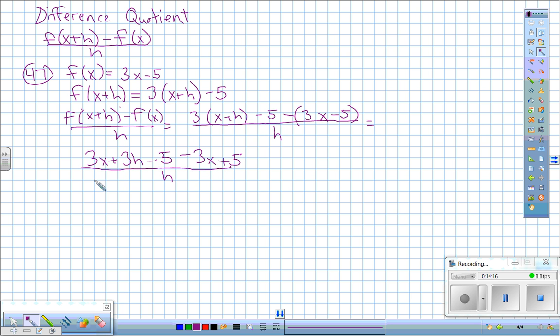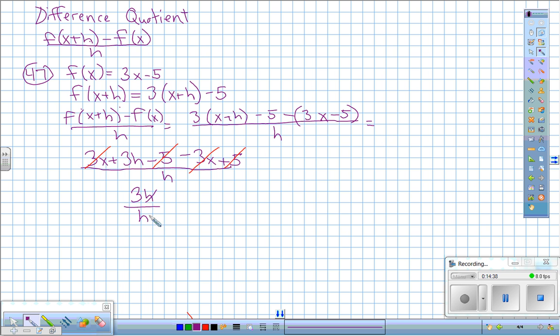Then I'm going to add like terms. So I have 3x and a negative 3x. Those add to 0 and cancel out. And I have negative 5 plus 5. That adds to 0. So then right there I have 3h divided by h.